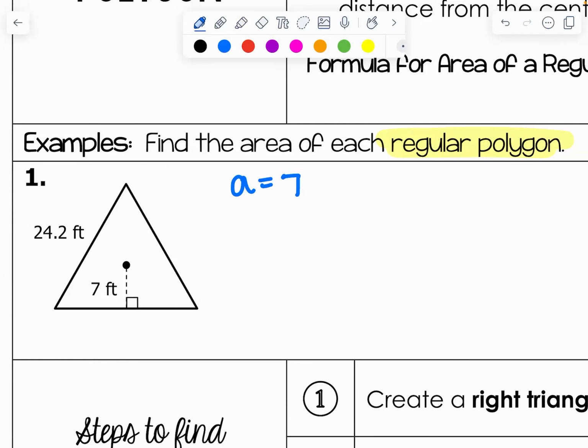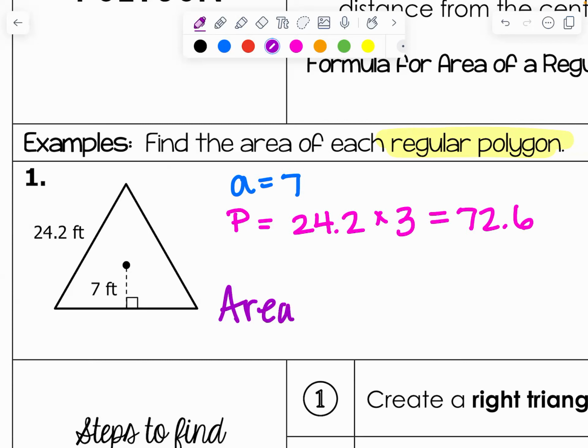Our apothem is 7. What is our perimeter? Take 24. So if we're going to find the area, then we're going to take 1/2 times the apothem times the perimeter.